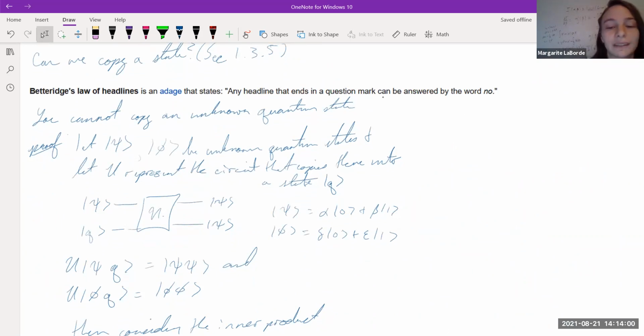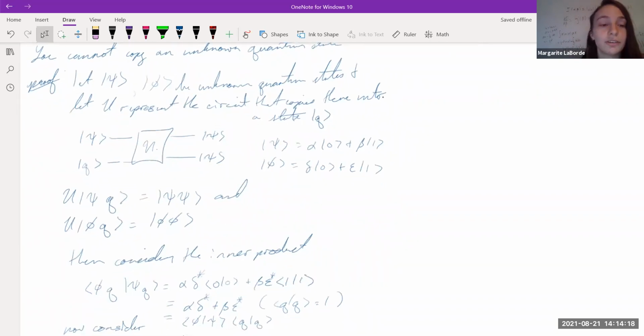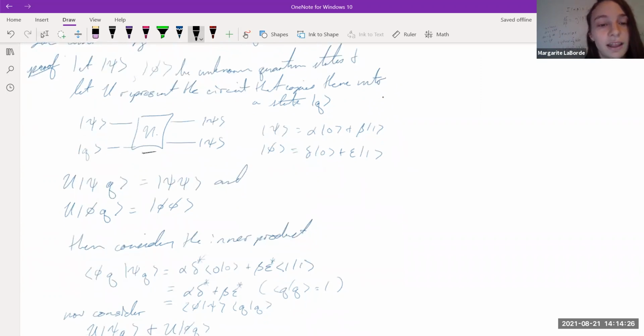A lot of people run through by proffering a way that you might be able to copy some state. But it's actually really simple to prove that you can't. This is my thrown together version of the proof. So assume that you can, and that you have these two unknown states, psi and phi, and you have some unitary circuit here that copies them onto some other state.